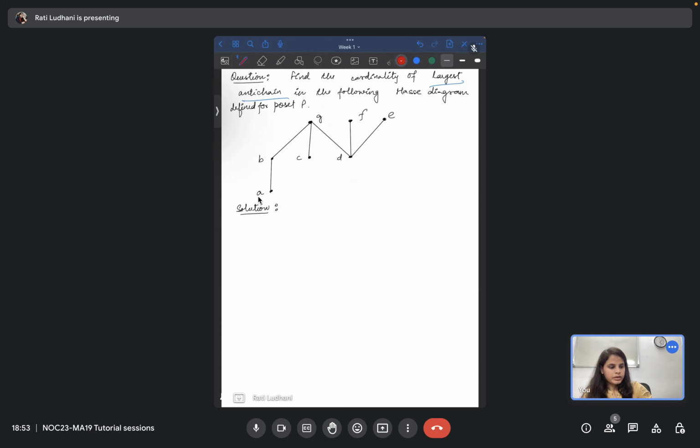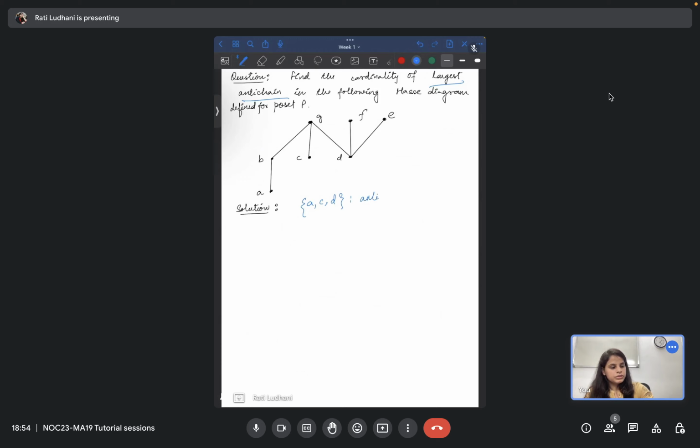ACD. ACD, exactly, very good. So ACD is one anti-chain, because A is not related to C, C is not related to D, and D is not related to A. Everything is incomparable, so this is an anti-chain.